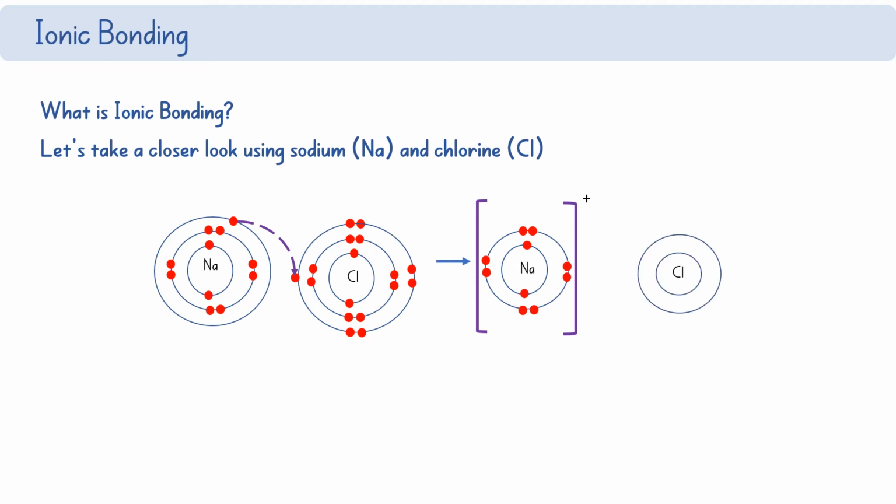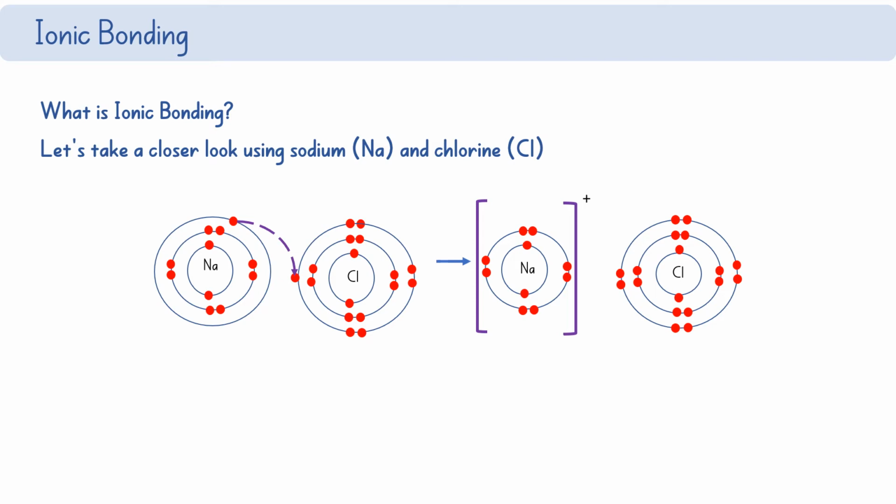Chlorine, on the other hand, has its 3 orbitals, with 8 in the outer one, where before it had 7. It has 1 more electron than proton, so it has a negative charge.